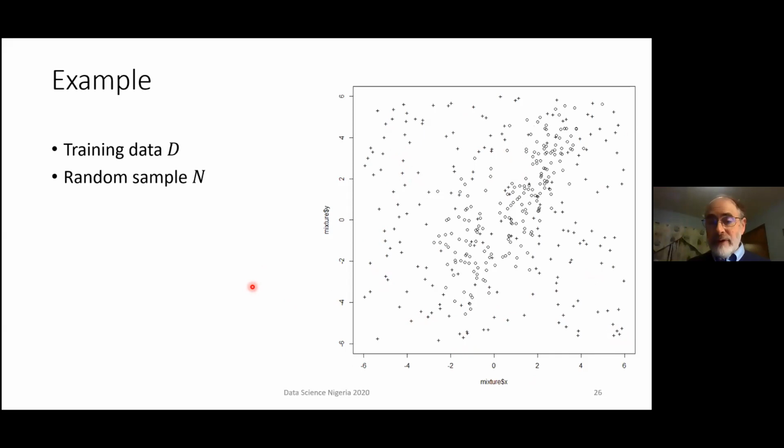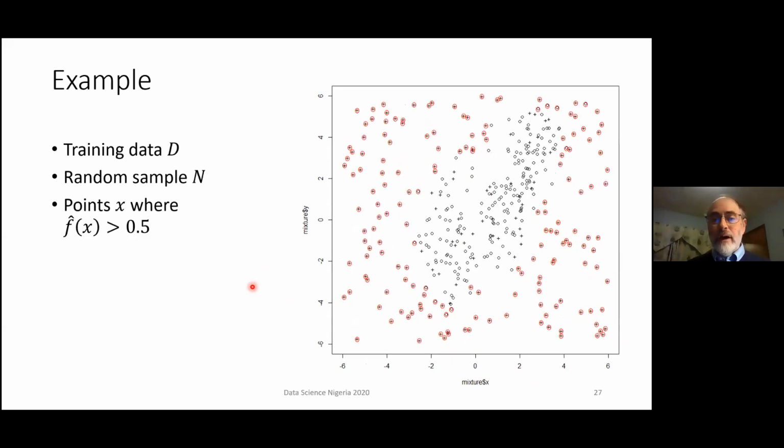Now I fit my function, and if I threshold it at 0.5, the red circles are circling all the points that have been declared to be anomalies using 0.5 as a threshold. That's a kind of arbitrary choice, but we can see that there are pluses all through here, of course, because we did uniform random sampling, but it's not confused by those.